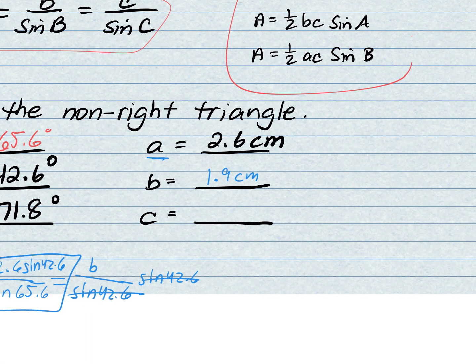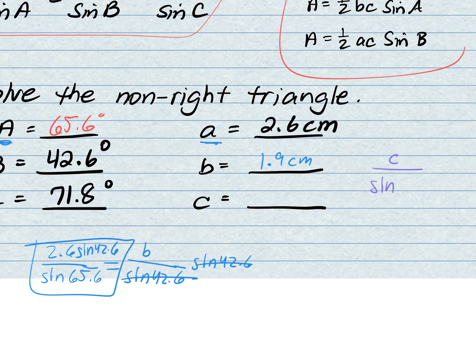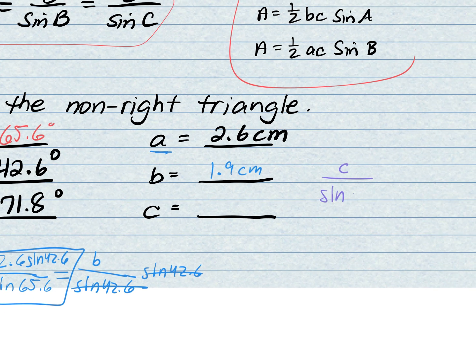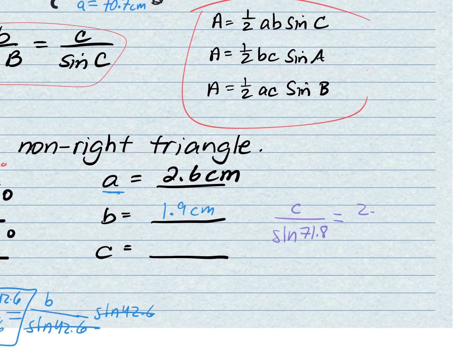All right, and we can do the same thing to find side C. So I can say C over sine C. So C over sine of 71.8 is, I can use the same pair, A with A, so it equals 2.6 over sine of 65.6.